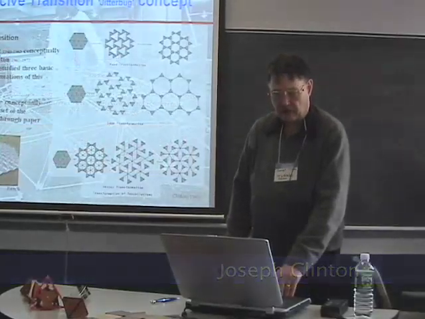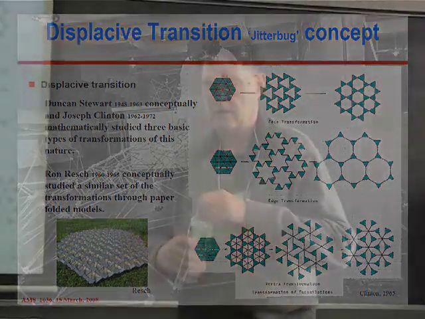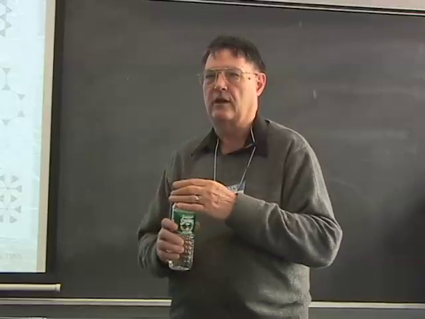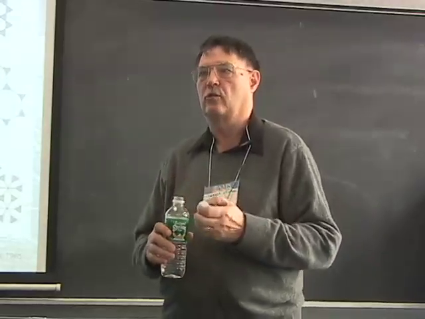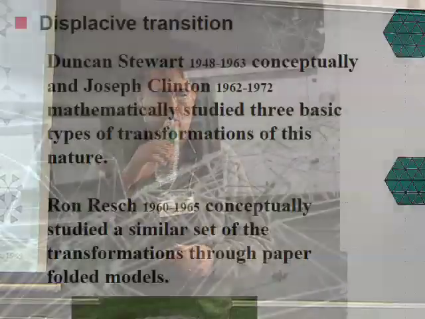Now, the displacive transformations, those are the ones that I showed there. A fellow who got together with Bucky Fuller about the same time, when he was at Black Mountain College, but taught in the design architecture school at North Carolina State, his name was Duncan Stewart.